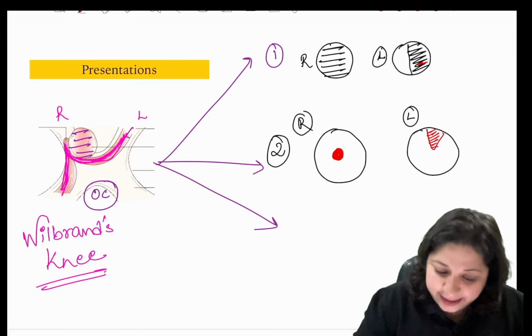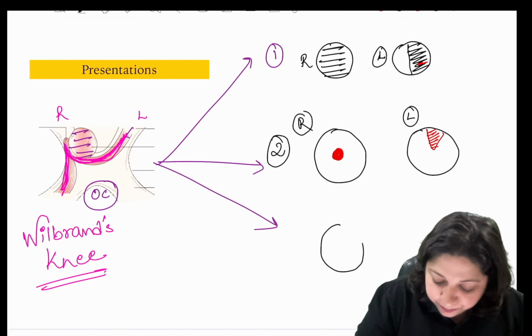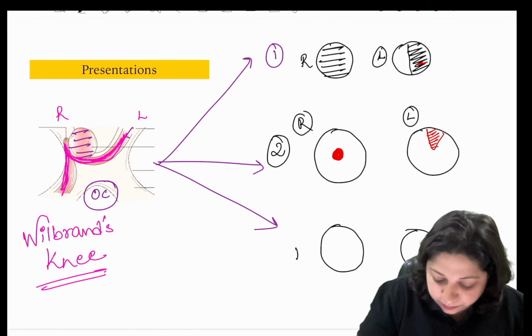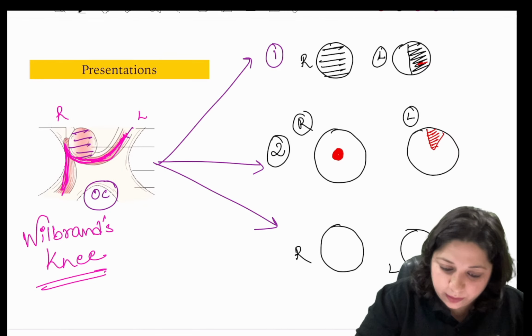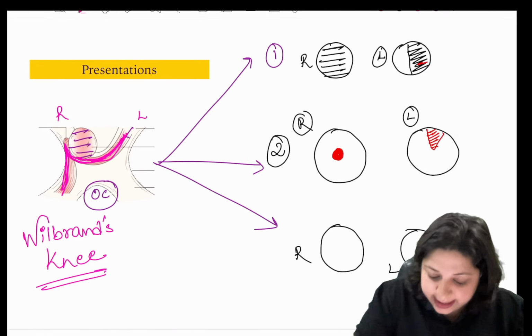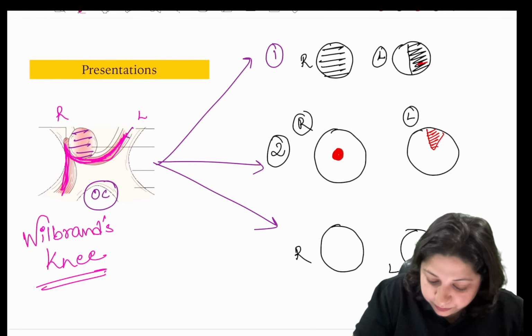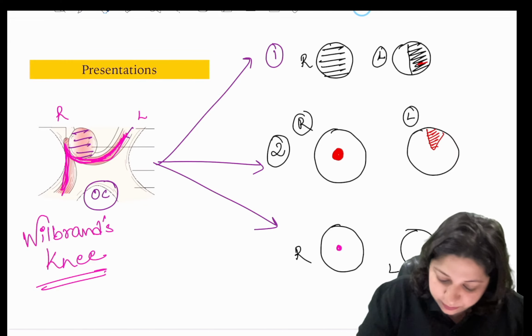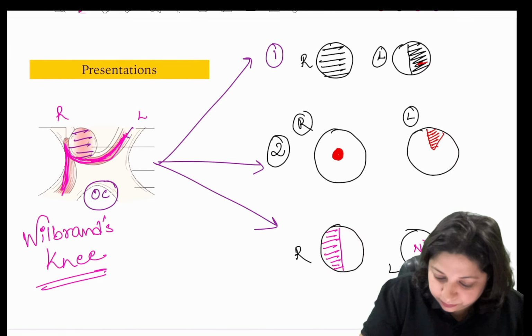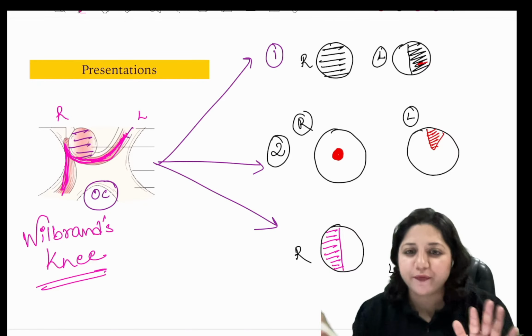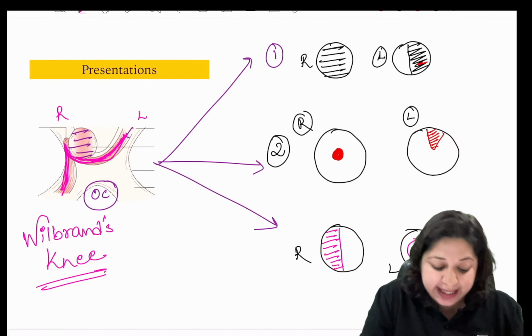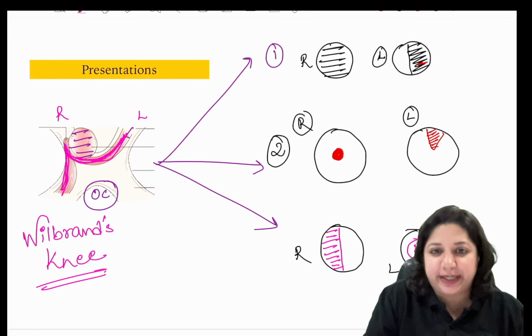The third kind of field defect that can happen is completely no effect on the left side, but just the nasal fibers of the right side are affected.